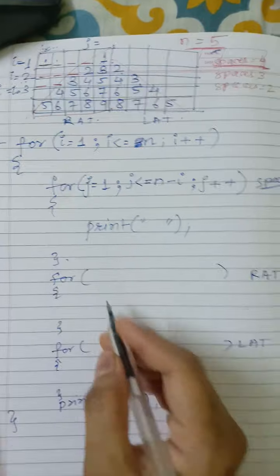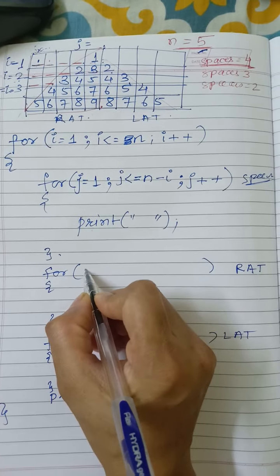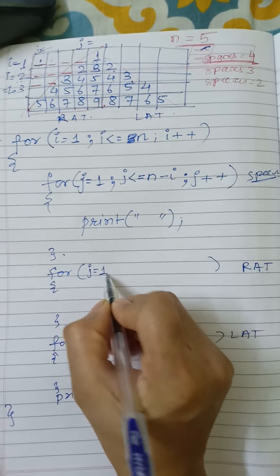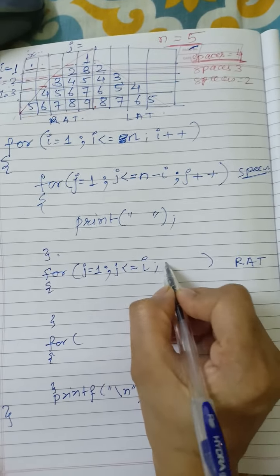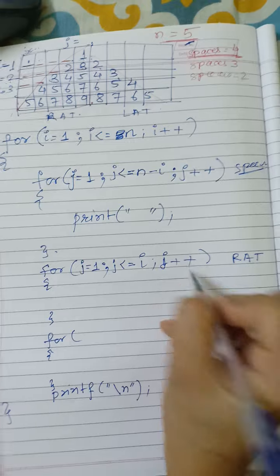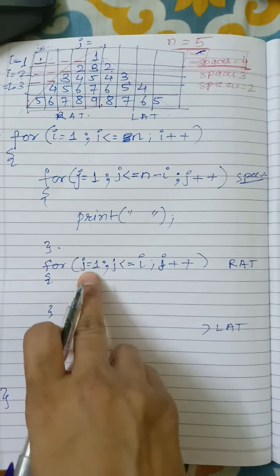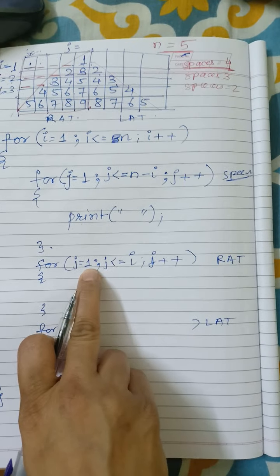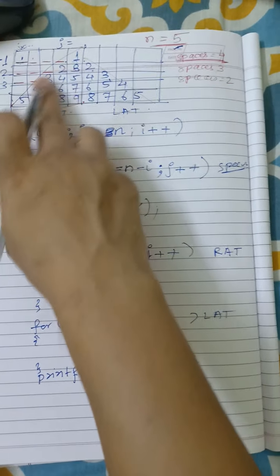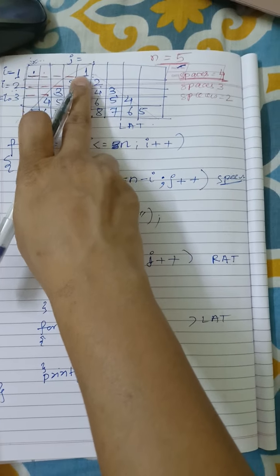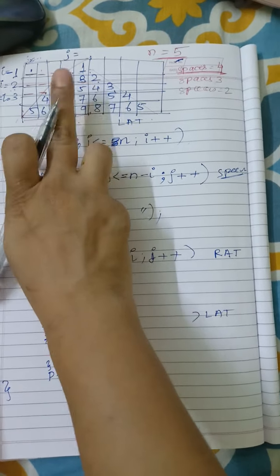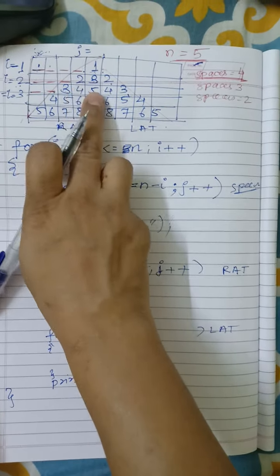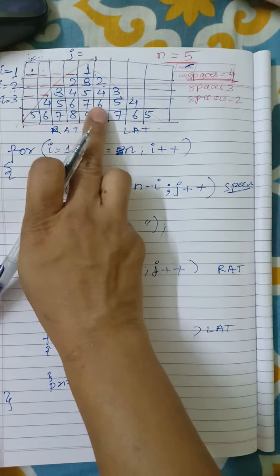So your j loop for the right angle triangle loop will start with 1, but it will go only till your i value, and j plus plus.